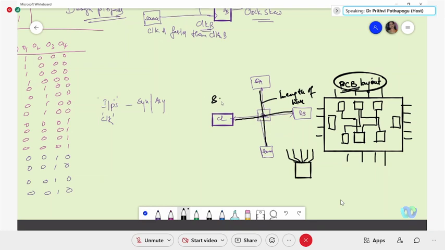Every 8 inches of wire will introduce 1 nanosecond of delay. Every 8 inches of wire gives 1 nanosecond delay. So think of how many inches you have in the wiring. If that is so, maintain equal length. That is one remedy you can give.